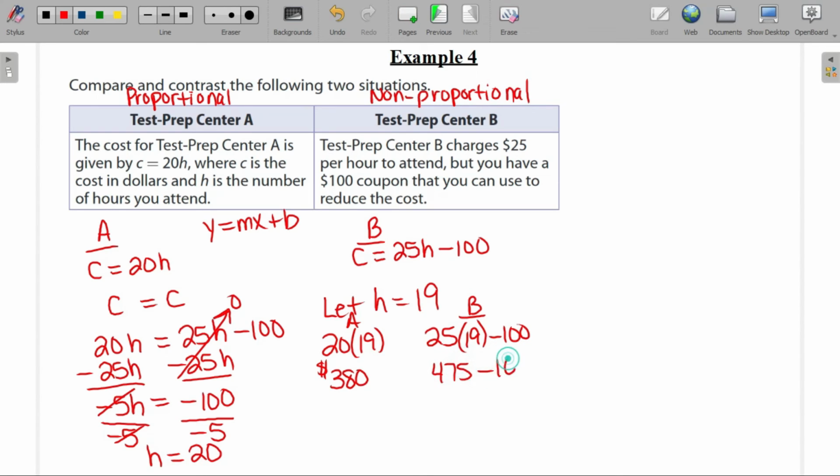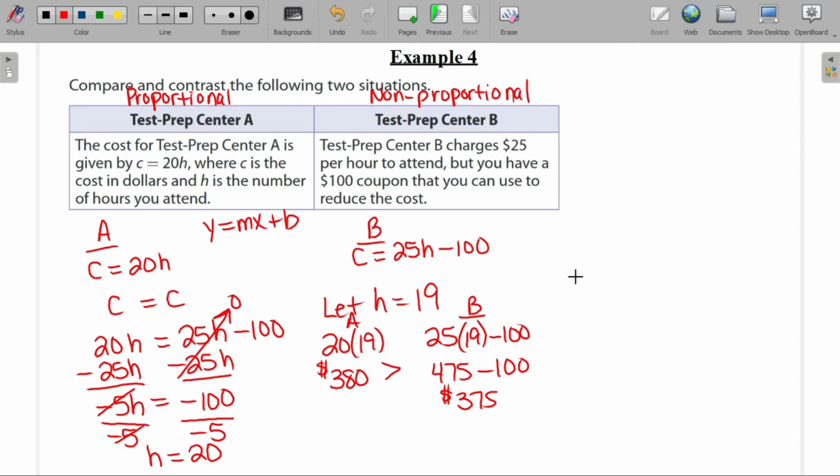We still have that minus $100 coupon, and 475 minus 100 gives me $375. So when we have 19 hours of test prep, the better option is Test Prep Center B. It's going to be less expensive.